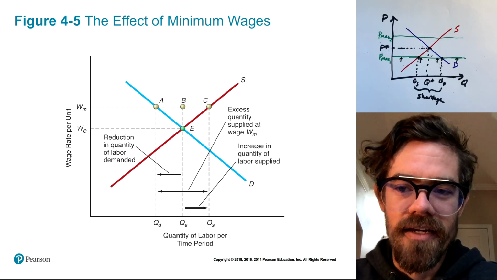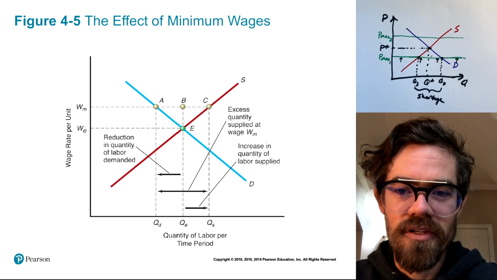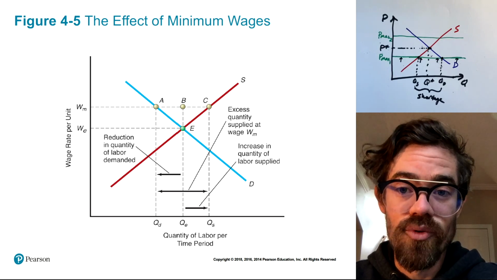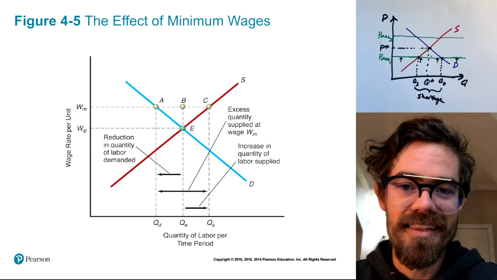And again, anytime we have a binding price floor, it leads to a surplus. And what does a surplus mean in terms of the labor market? Well, the surplus of labor is unemployment. People that want jobs at that price but can't get them.